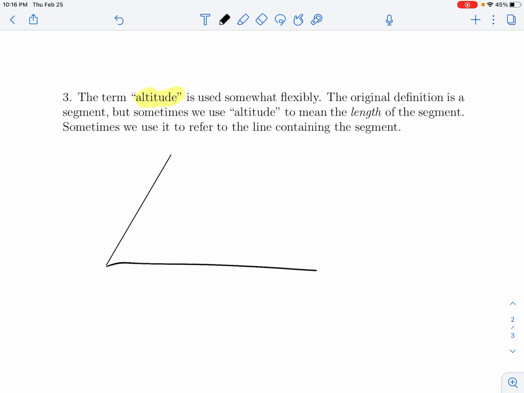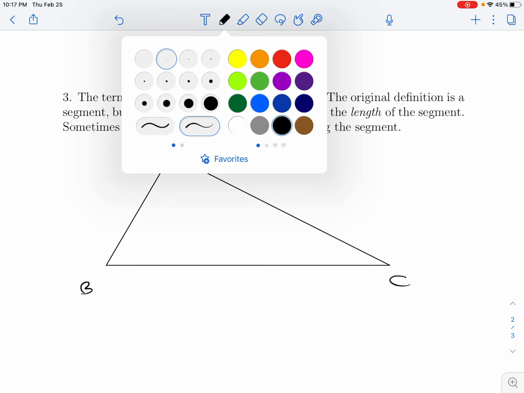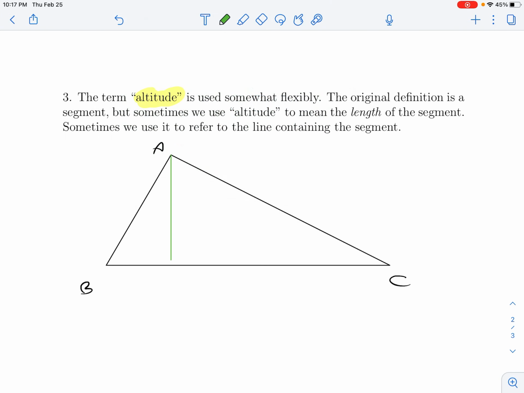So for example, if I have something like so, and I draw in an altitude like so, but I also tell you that that has a length of 5, what you might see is segment AD is an altitude. I can certainly say that. But what I might also say, depending upon the context, is the altitude is 5.